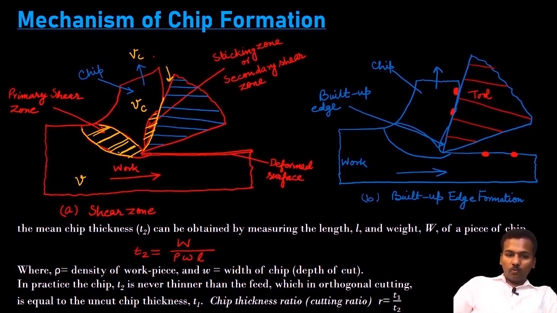Now one point I also want to mention is that this is the first approximation, where suppose this is a thin plane, a transition from the undeformed material to the deformed chip material through this thin plane. While calculating, we cannot take the fan shape, because of the complex nature of the transition from undeformed to deformed, which makes the calculation tougher.